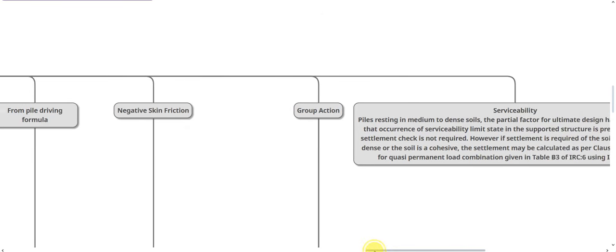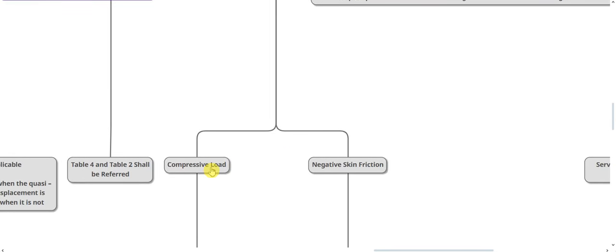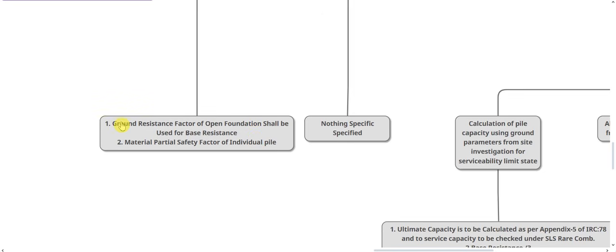Again, for the group action of pile, the code has divided it into two sections. First is for the compressive load and second for the negative skin friction. For compressive load, the ground resistance factor of open foundation shall be used for base resistance. Okay. So there will be a block shear failure for group action, and the bottom of the pile is to be treated as an open foundation during calculation of block shear failure.